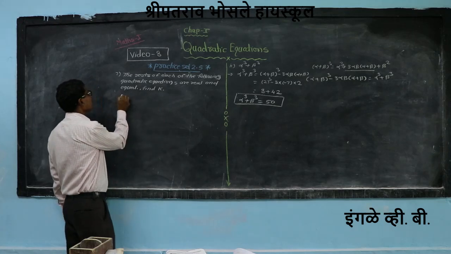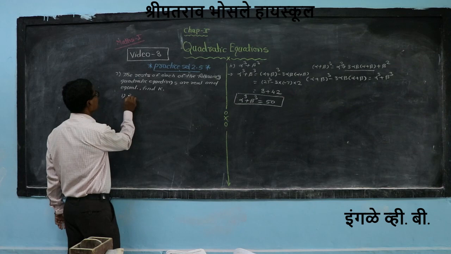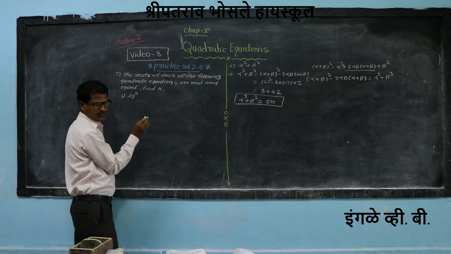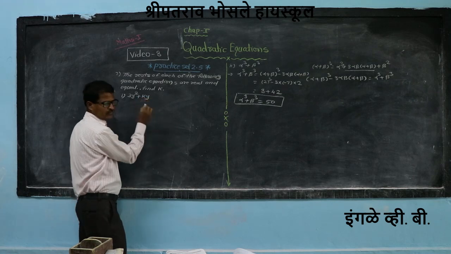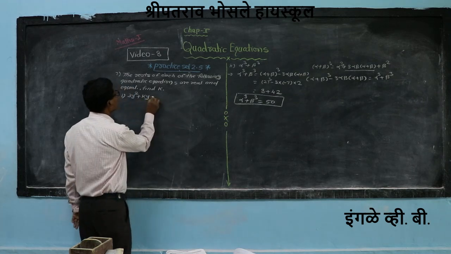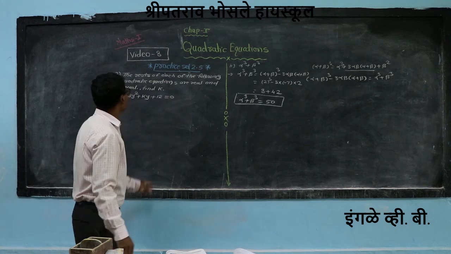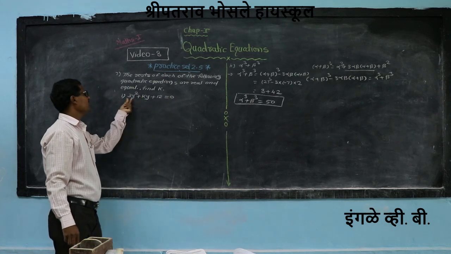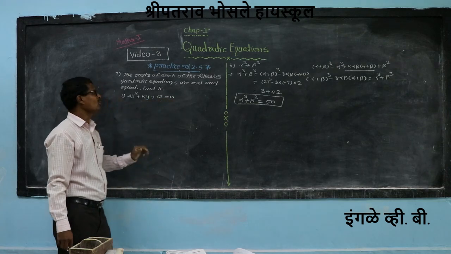Example 1: 3y square plus ky plus 12 is equal to 0. We are given this quadratic equation, 3y square plus ky plus 12 is equal to 0.